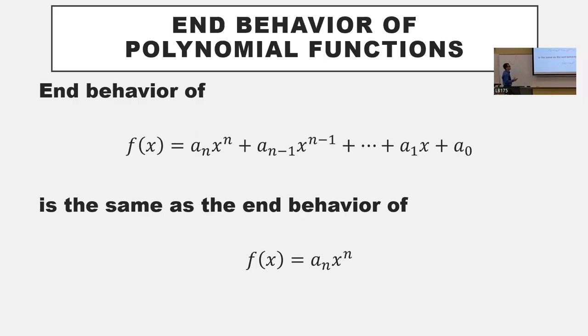Now, we've already seen that the end behavior of a polynomial function is the same as the end behavior of its leading term. So the term with the highest degree is determining the end behavior of the polynomial function.